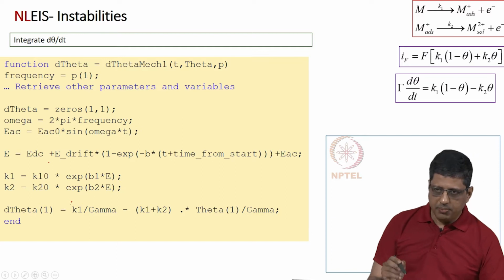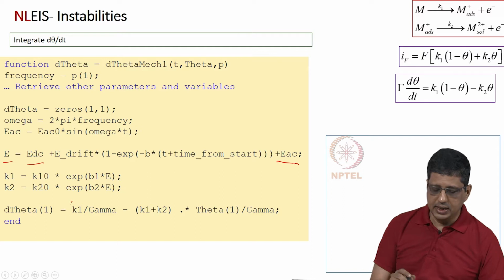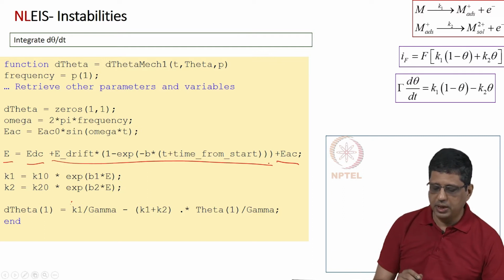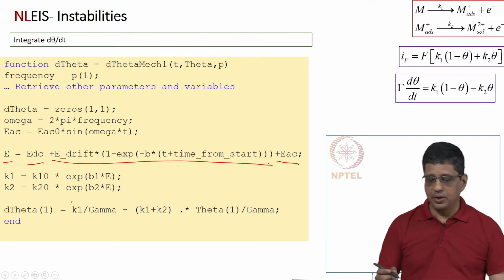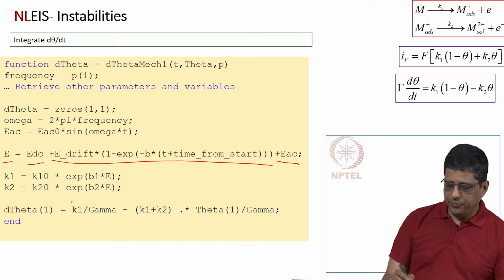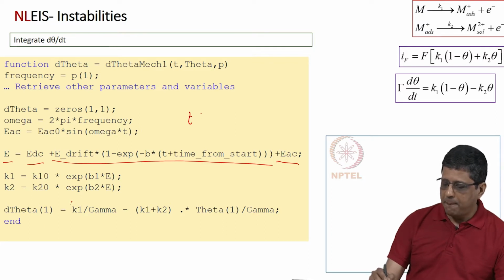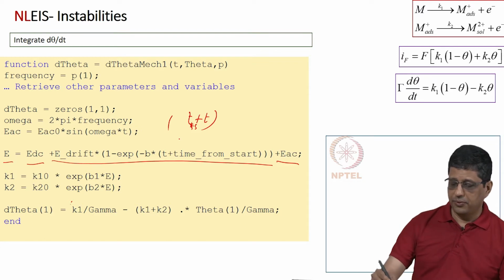Only thing you need to remember is E value, do not write it as EDC plus EAC, instead remember to write that this is a function of time given by E drift, E delta 1 minus e power b t, but here the t is time from start plus whatever time we are using in the integration. So, if you want, you can note this down.